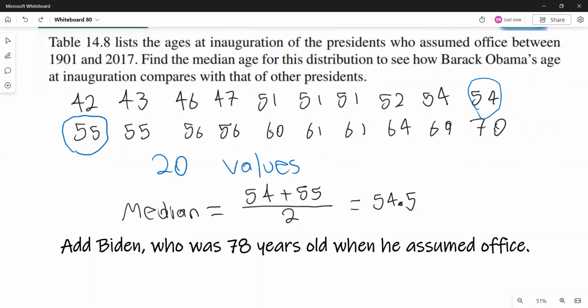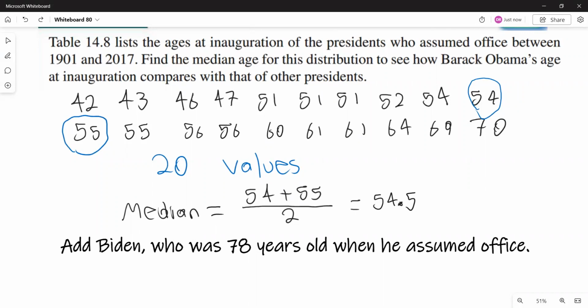And actually, Biden, at this moment, I don't have the tools to determine the mean. I will need to find the standard deviation, which we're going to do in the next section, and other things to determine whether Biden was an outlier.